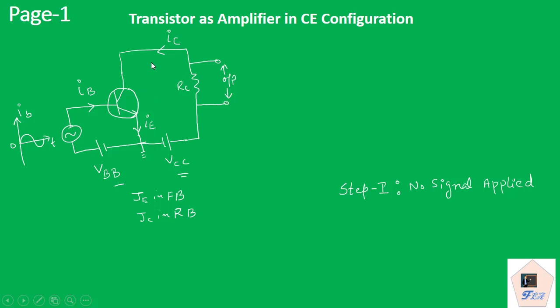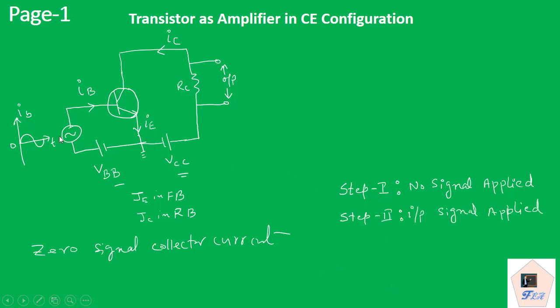So at the output section, whatever current we get under no signal applied condition, we'll call it zero signal collector current. This is an important term, the zero signal collector current. So this is a DC current.